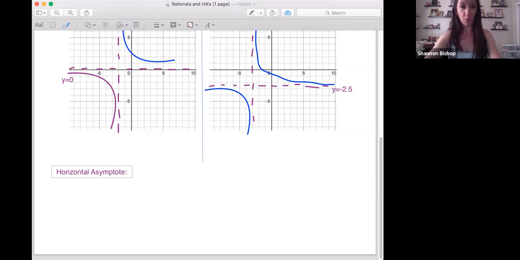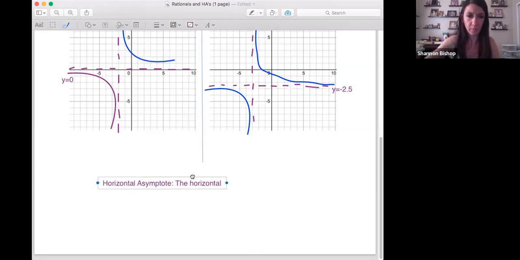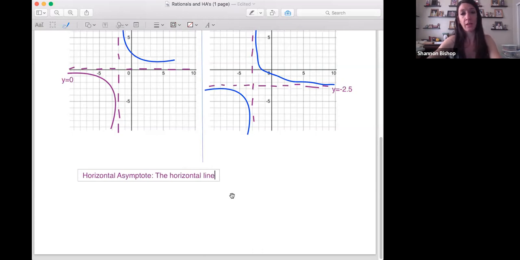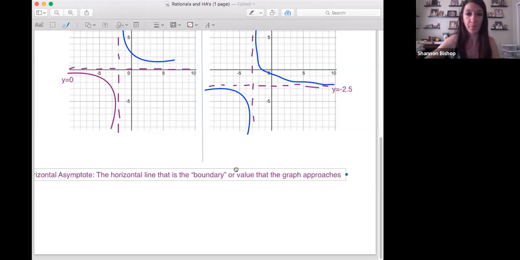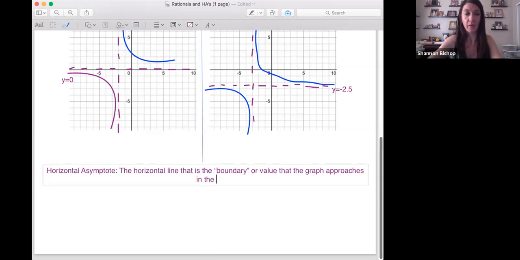And when we say horizontal asymptote, what we mean is the horizontal line that is the boundary or value that the graph approaches in the end behavior, or in the long run of the graph.